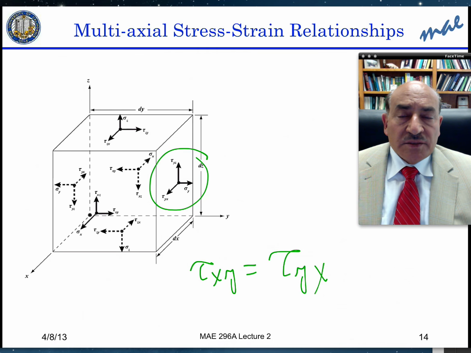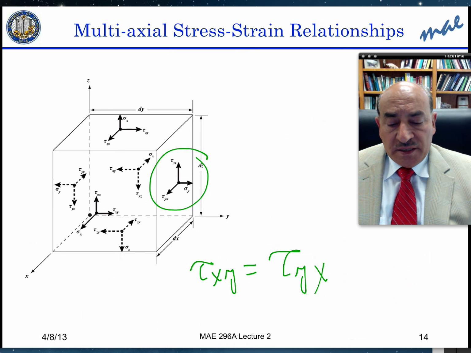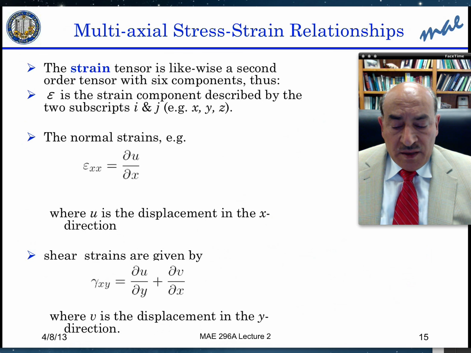This is a result of equilibrium of torques, and therefore it doesn't matter whether we use xy or yx in standard elasticity situations.